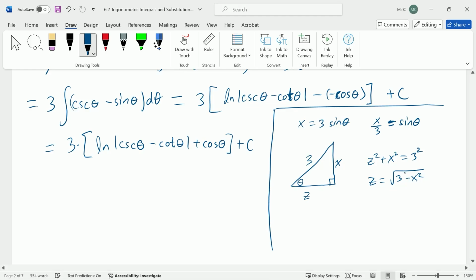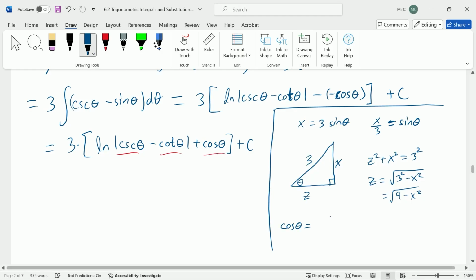That should be 3 squared. Oops, 3 squared minus x squared. Okay, so let's see, where were we? z is the square root of 3 squared minus x squared, or in other words, the square root of 9 minus x squared. And now I have 3 trig functions I need: cosecant of theta, cotangent of theta, and cosine of theta.